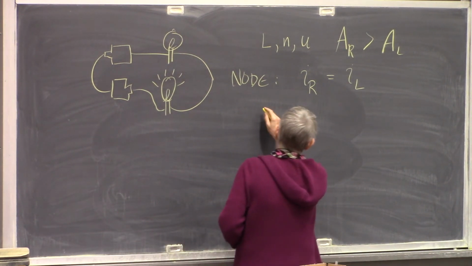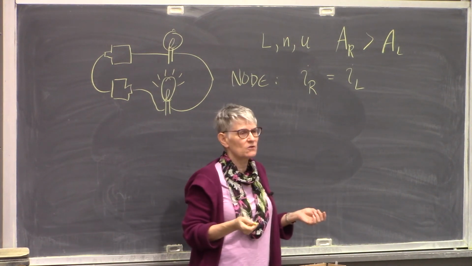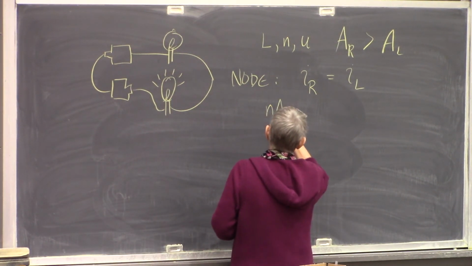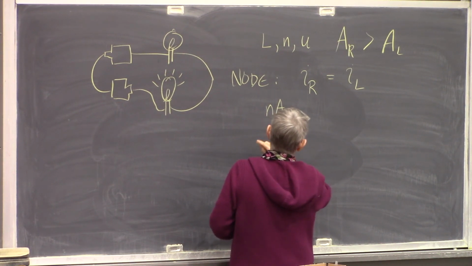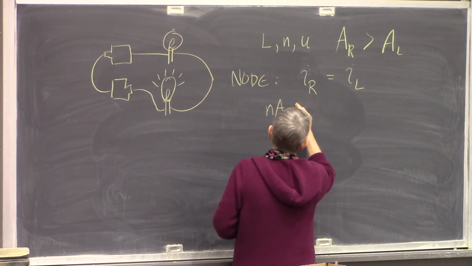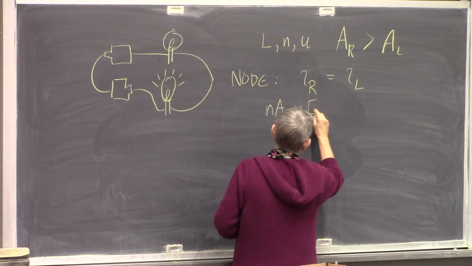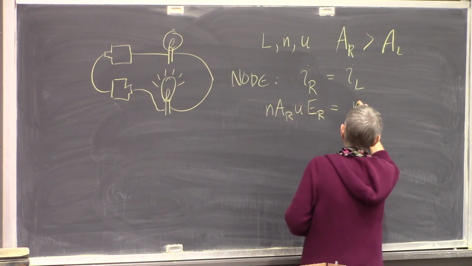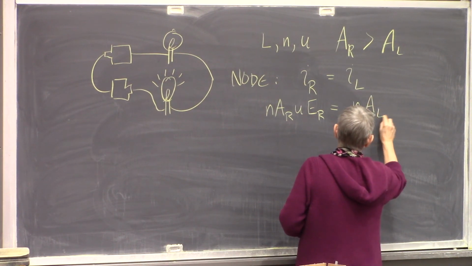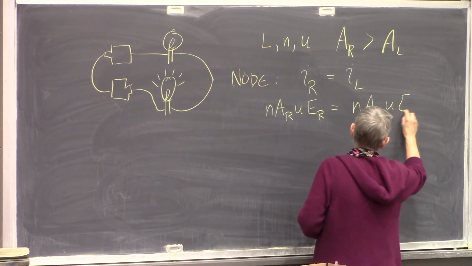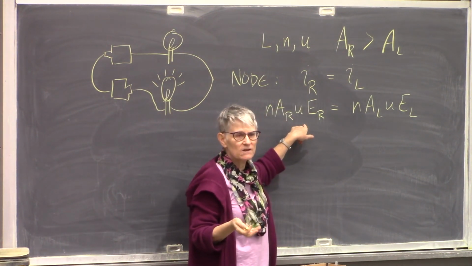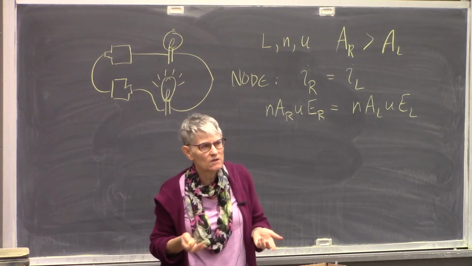We can amplify this, as we usually do, by saying mobile electron density times the cross-sectional area of the round bulb times the mobility times the electric field in the round bulb is equal to mobile electron density, cross-sectional area, mobility, electric field in the long bulb. So we just substituted in these microscopic quantities.